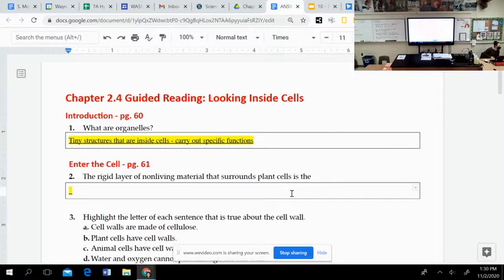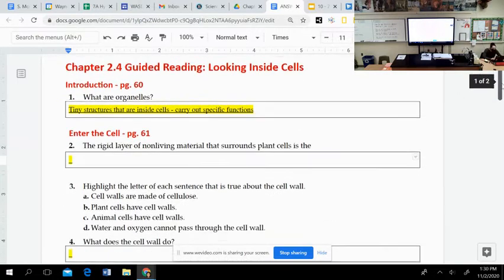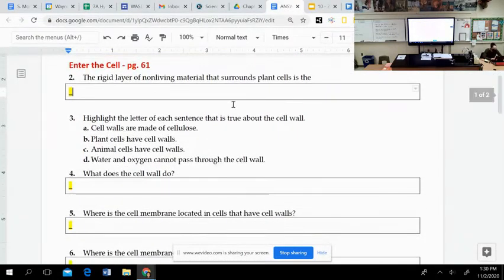Another also said an even smaller structure inside a cell. Right, an even smaller structure inside the cell as well. Yep, because the organelles are even smaller components of cells. Yes.